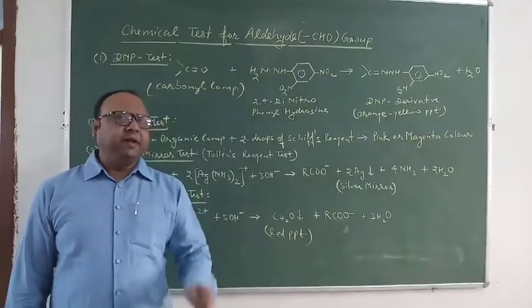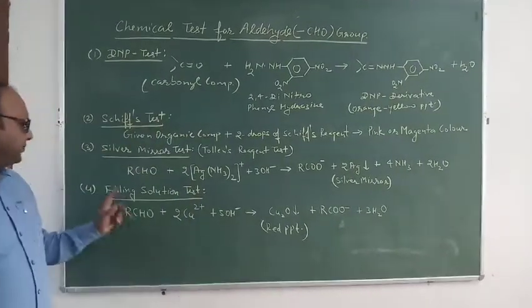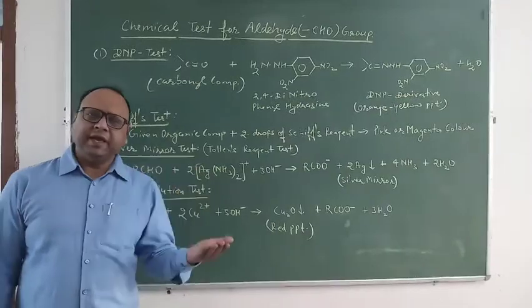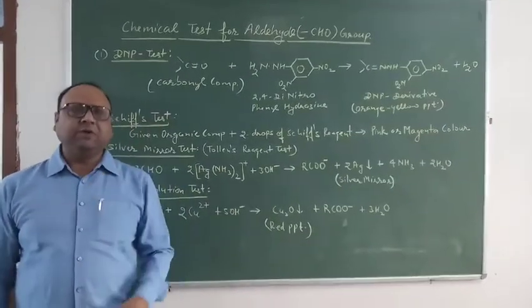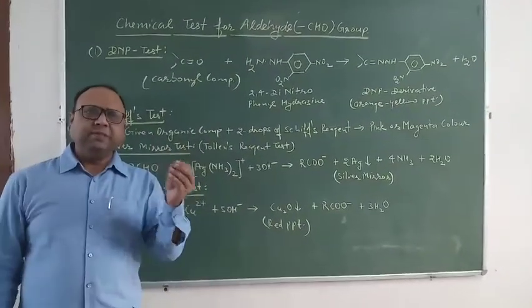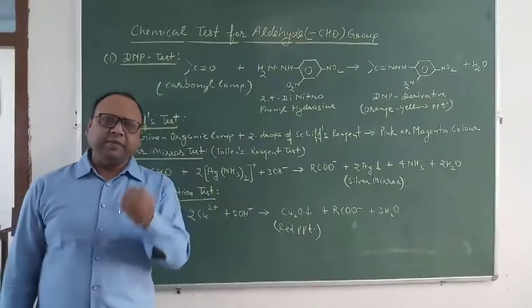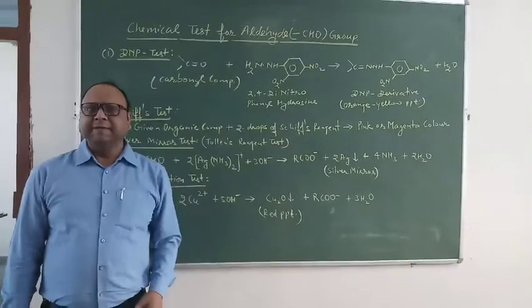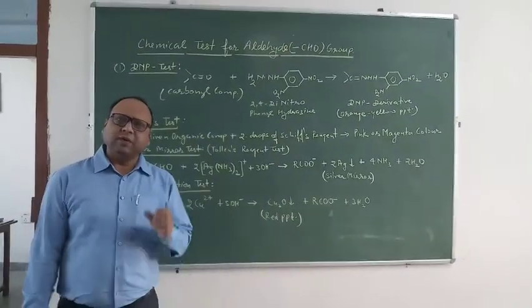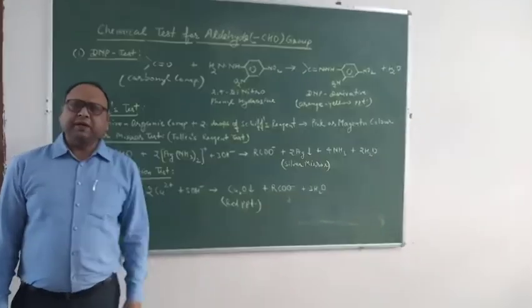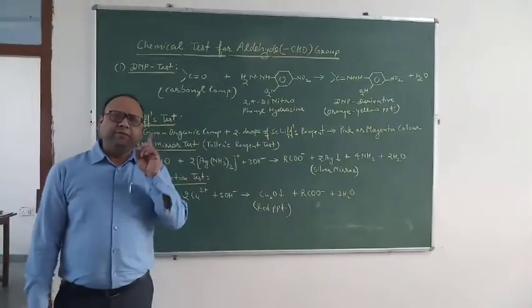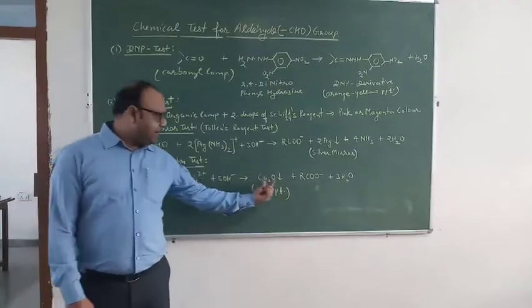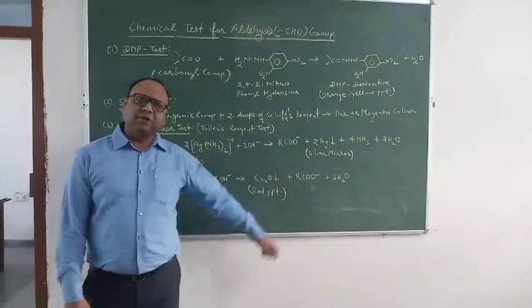Is that clear? Now the next test is the Fehling solution test. We have 2 solutions, Fehling solution A and Fehling solution B. First of all, in a test tube, some drops of Fehling solution A and B are taken in equal quantity and mixed with each other, then a blue copper tartrate complex is obtained. When this copper tartrate complex is added to 1 ml of aldehyde and heated, you get a red precipitate of cuprous oxide.